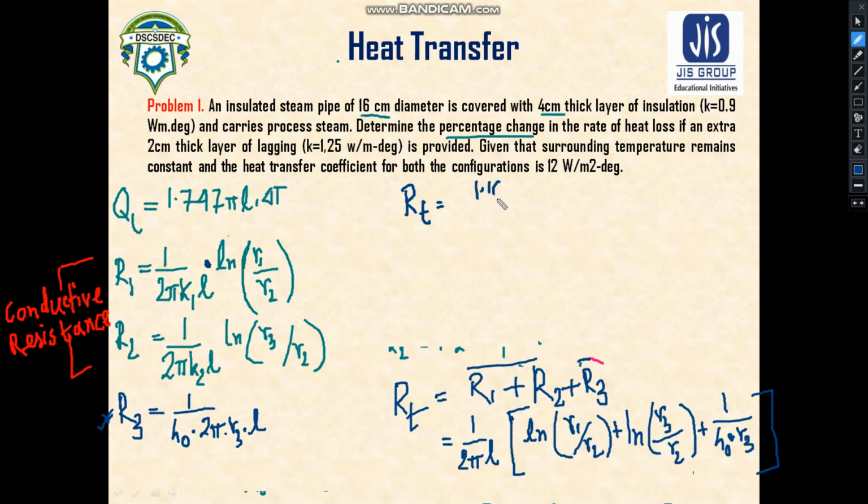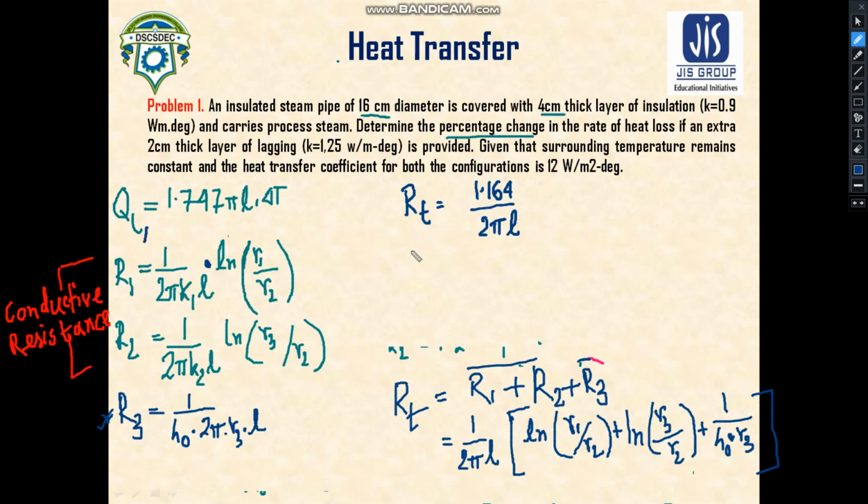I am once again saying that you need to recheck it once. 2 pi L. So now you have found the thermal resistance in the second case.